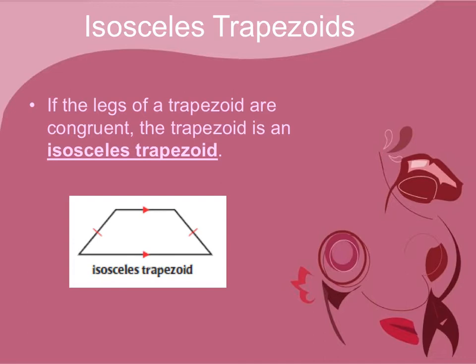So notice the legs are indicated with congruency marks, making this an isosceles trapezoid. Again, remember, for a trapezoid, there can only be exactly one pair of parallel sides. Those legs cannot be parallel. If they were, then it would be a parallelogram.